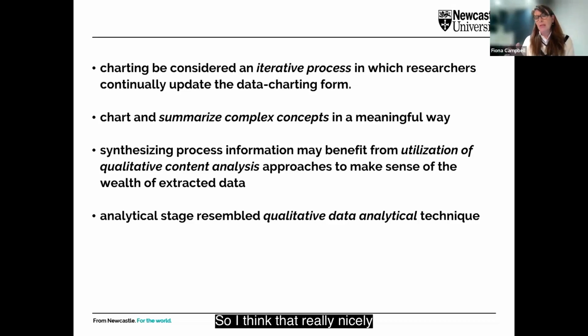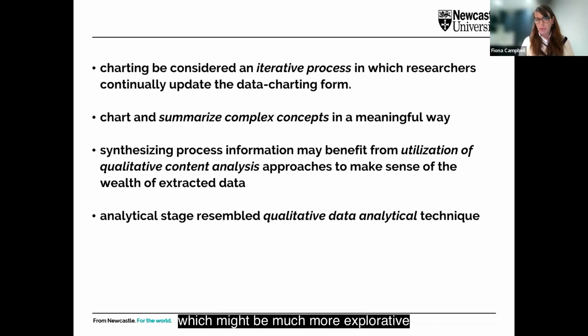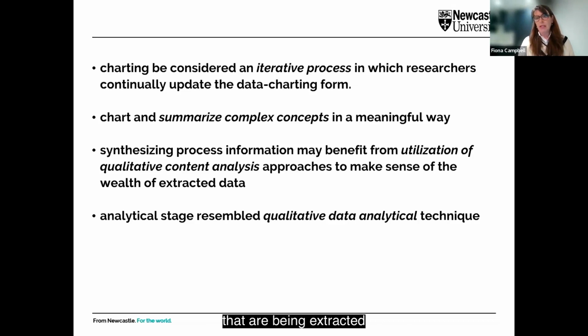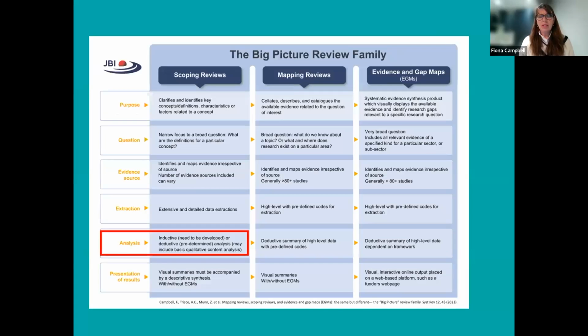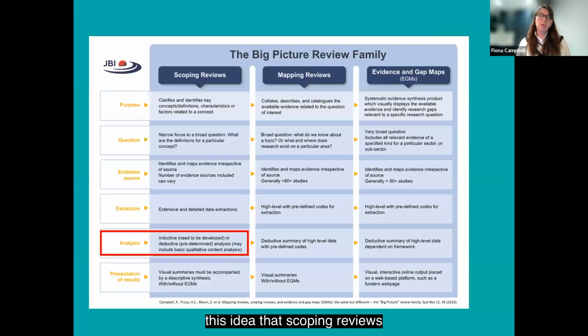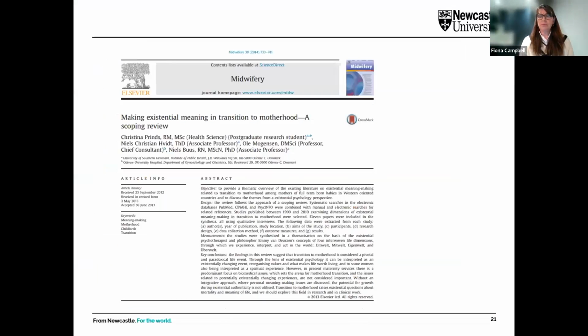So I think that really nicely begins to indicate some of these differences in the types of approach that might be used in a scoping review, which might be much more explorative, might be dealing with much more complex levels of data that are being extracted, and they might need to be described in slightly different ways. And so what you can see in the infographic there, this idea that scoping reviews may be more inductive in their approach and in their exploration of the included studies.